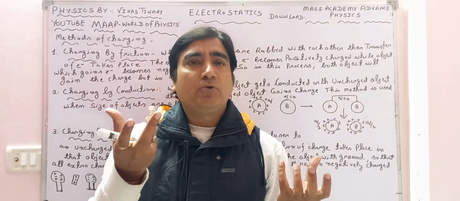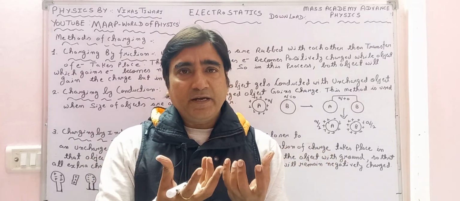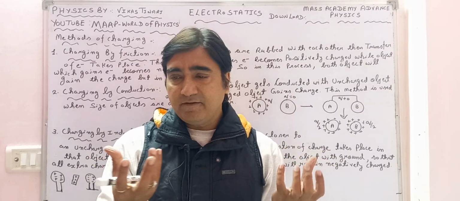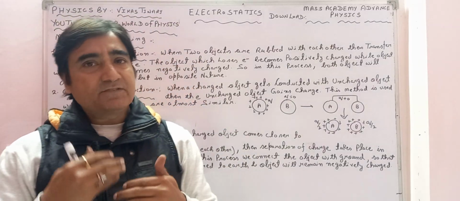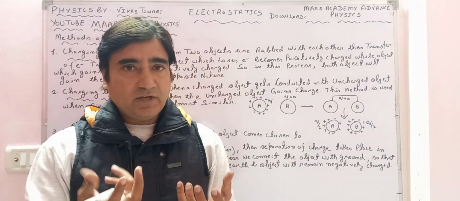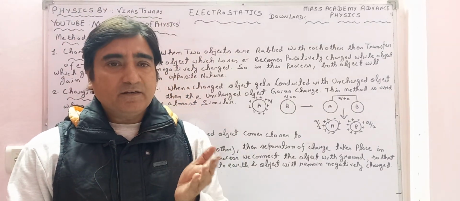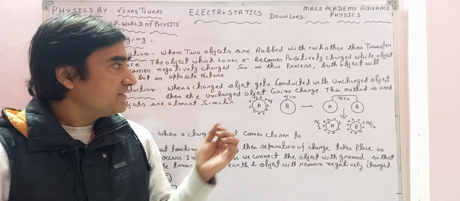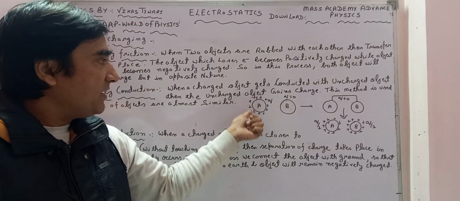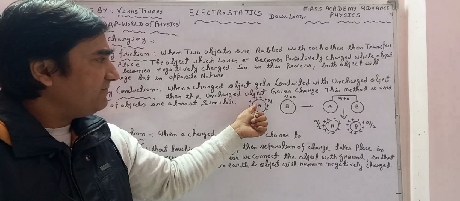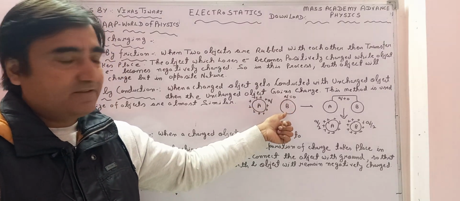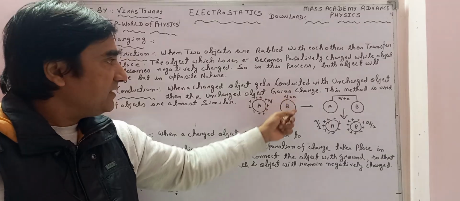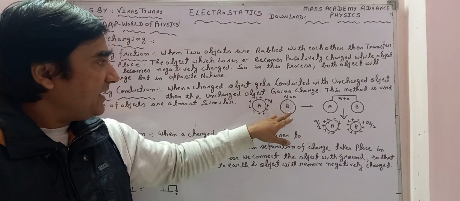Suppose this one is positively charged, and when we bring them into physical contact and touch them, what will happen? The transfer of electrons will take place. Suppose this is a body which is positively charged, and this is a body which doesn't have any charge, which may be neutral.